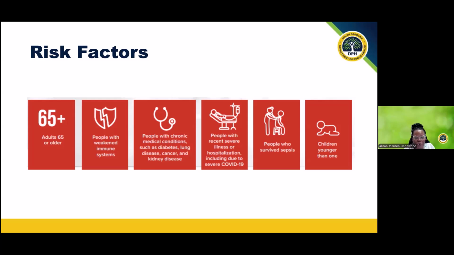So it's important to monitor those patients as well, those who have previously had sepsis. And then, of course, severe illnesses that require hospitalization can also lead to problems with a person's immune system, raising their risk factor of sepsis.